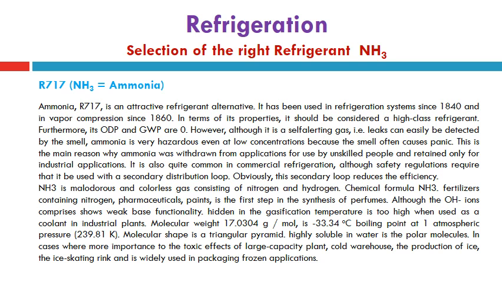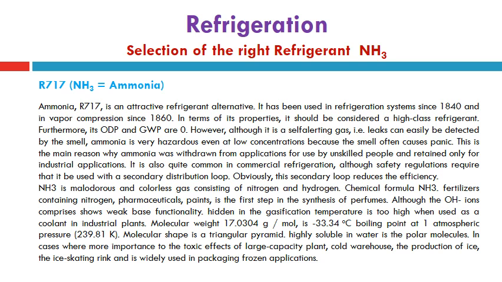This is the main reason why ammonia was withdrawn from applications for use by unskilled people and retained only for industrial application. It's also quite common in commercial refrigeration, although safety regulations require that it be used with a secondary distribution loop.